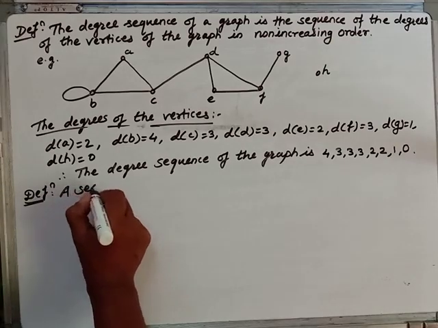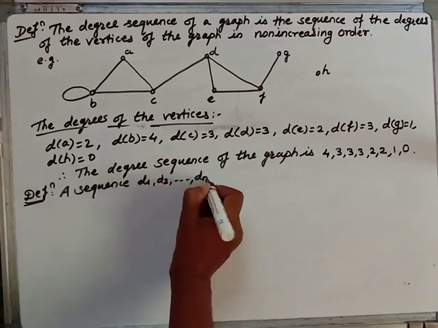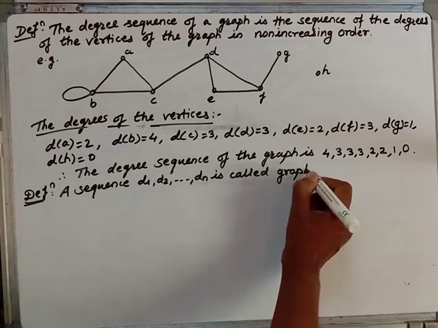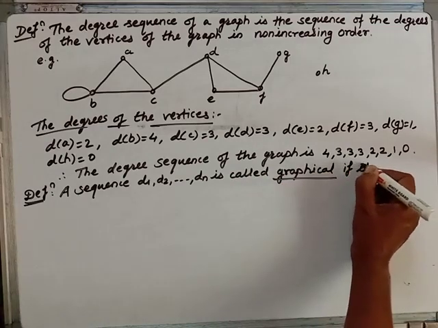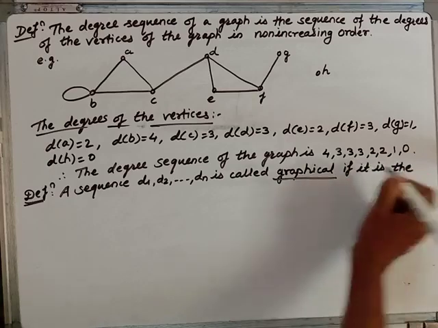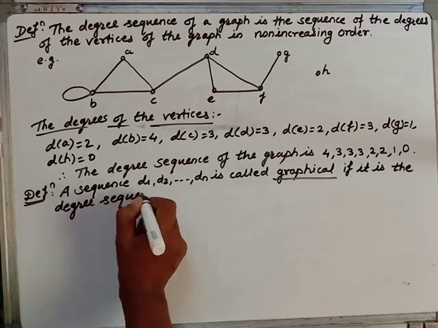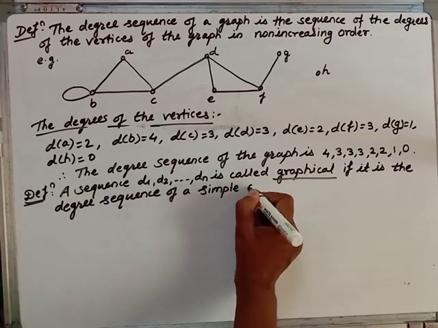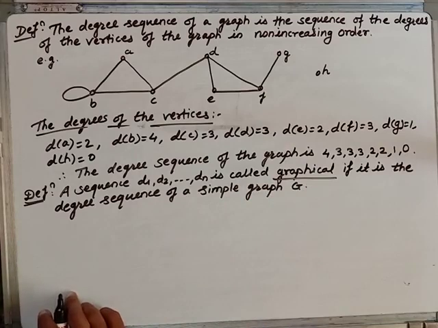A sequence D1, D2 and so on up to Dn is called graphical if it is the degree sequence of a simple graph G. Now how can we check whether it is graphical or not?